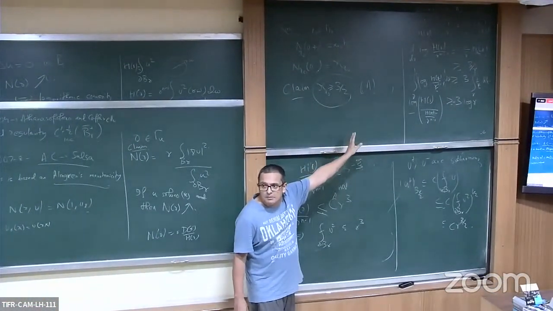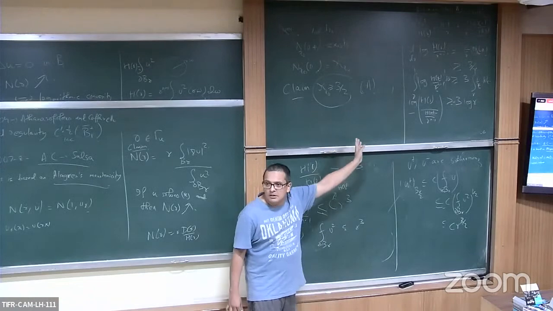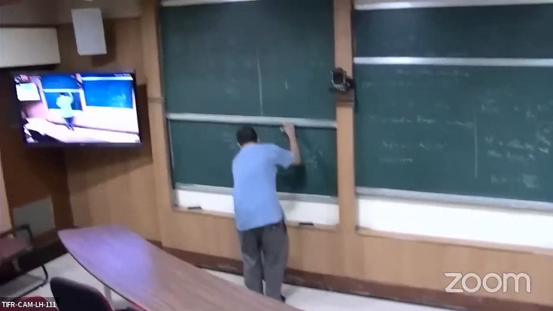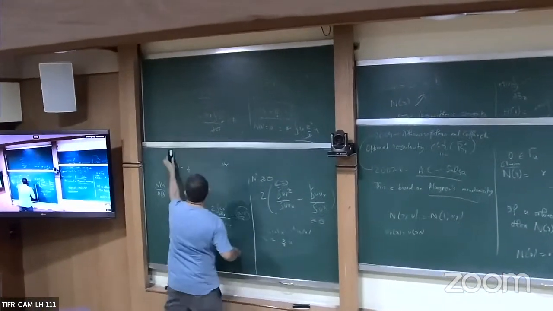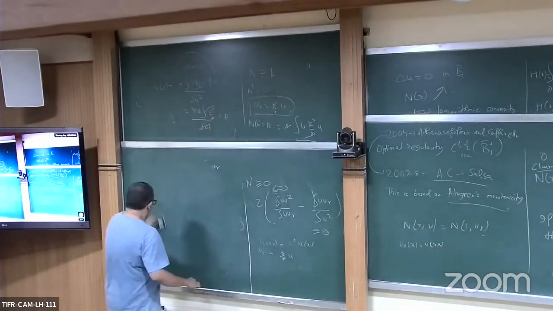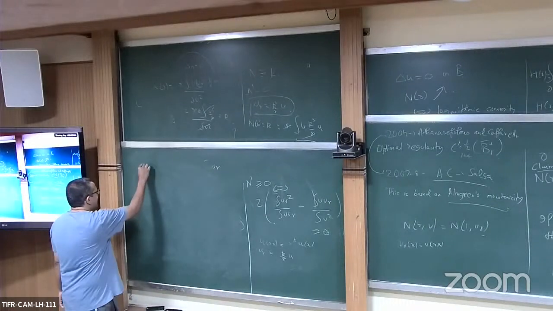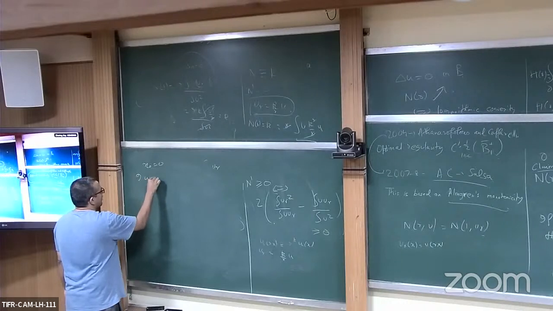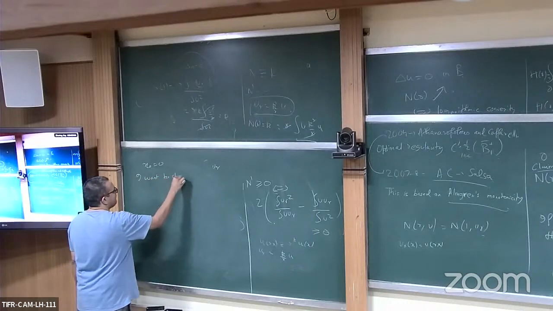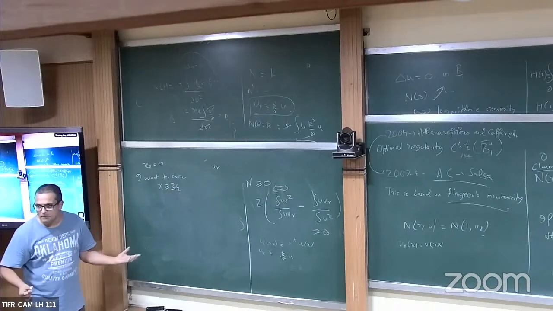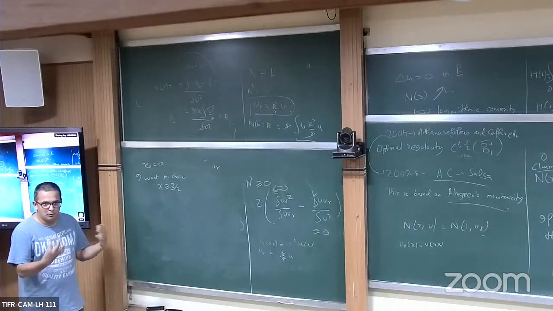So again, for simplification, I take x_0 to be 0, and I show why that is so. I want to show that kappa is bigger than or equal to 3/2. But for that, I need to zoom in and see what my limit is. I need to do a blow-up analysis.